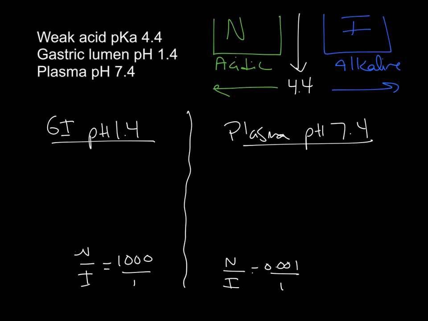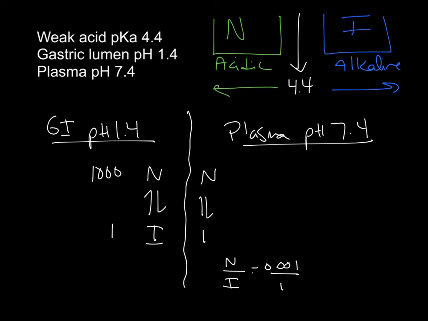But the reason that we're doing that is, again, on this side you've got N's and I's in an equilibrium. And we said that for every 1,000 N, there was 1 I. And then on the plasma side, N's and I's are resting in equilibrium. On this side, we have 0.001 N to every 1 I. So if we looked at each one separately, that's how they'd orient themselves.